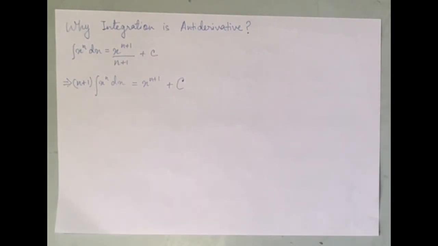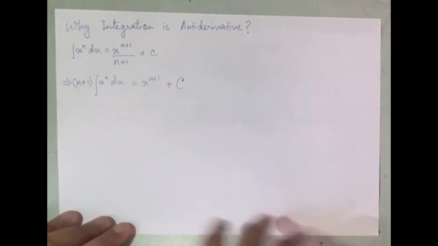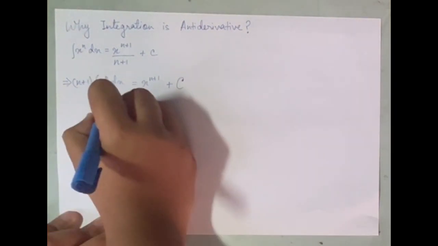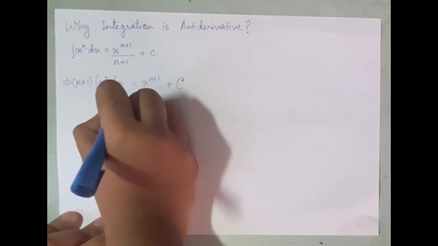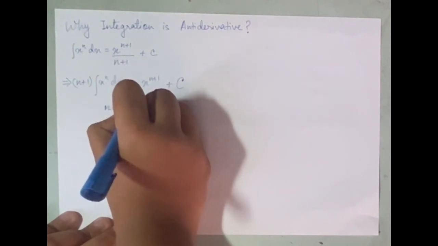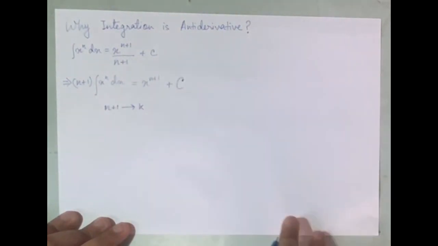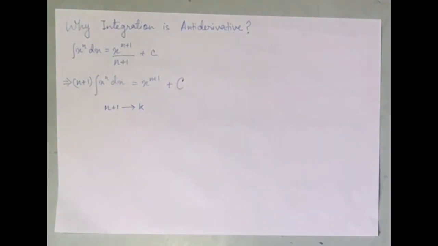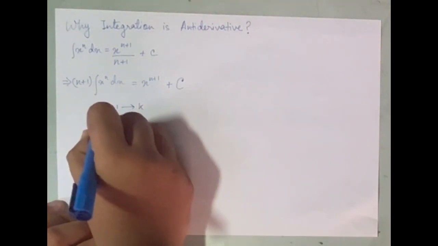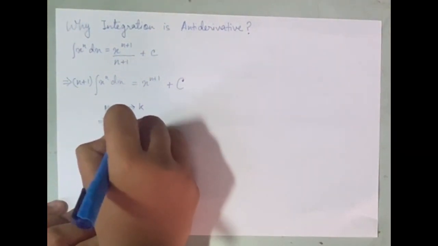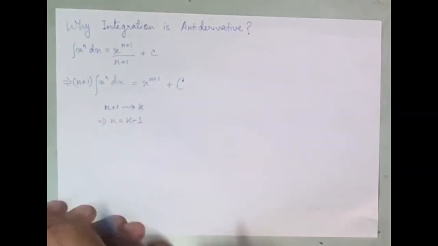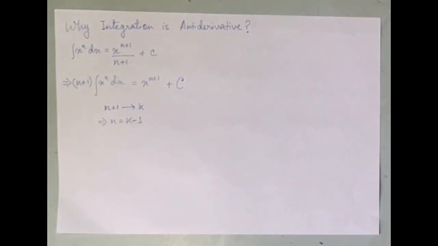So I have just replaced small c with capital C. Now I would replace n plus 1 with k, so n would be k minus 1, right? n would be k minus 1.